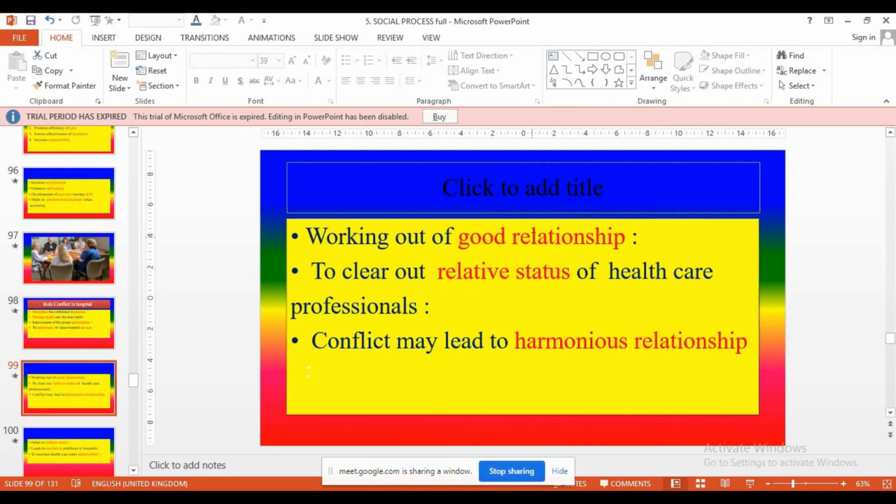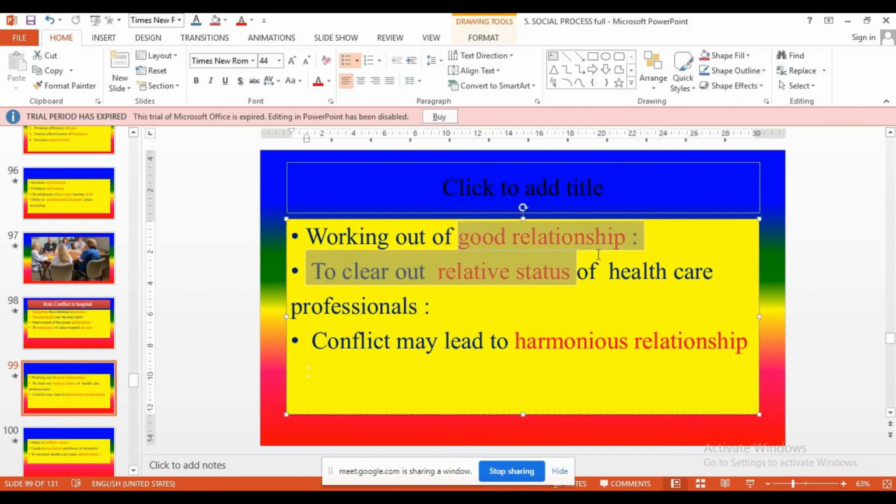Then, work out group relationships. Within the group, we can promote positive relationships through healthy conflict, to clear out relative status. Through conflict, we can identify the status of individuals, self, and relatively the higher and lower status of healthcare professionals.